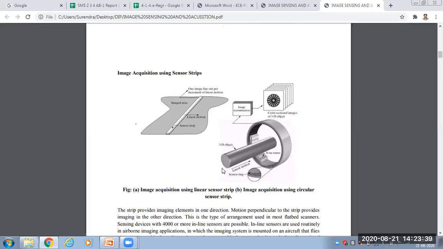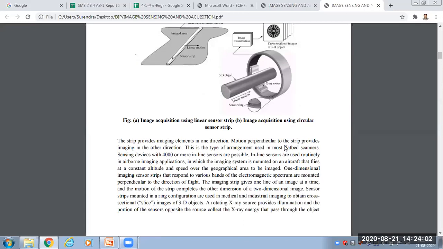A three-dimensional object is there, with linear motion and a sensor ring. So this is image reconstruction. Here there is a circle element, and from the circle element we are capturing your image like this, the corresponding sectional images of the 3D object.